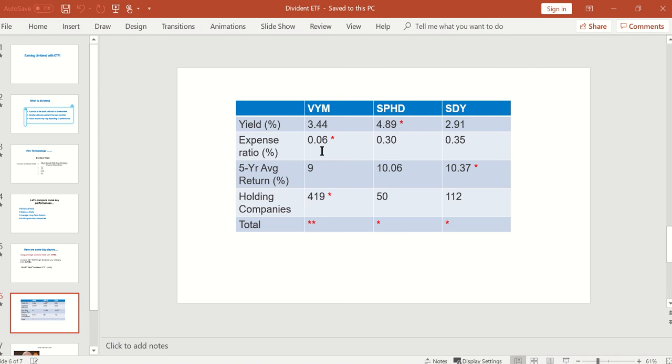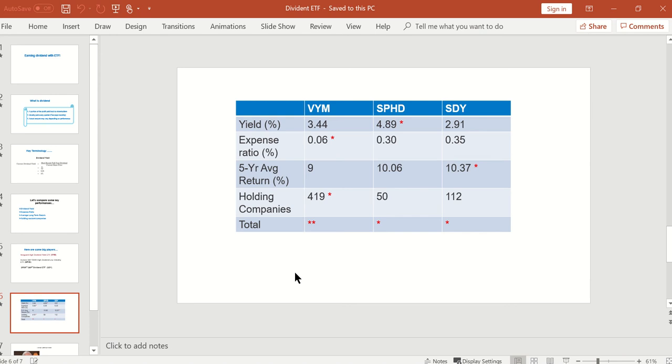Then expense ratio wise, Vanguard is good, so it gets the star. And the 5-year average return is kind of the same, not much of a difference, but SDY still looks good, around 10%. And holding wise, Vanguard is much more diversified compared to these two. So I like all of those funds. I have them, and they're really good funds.